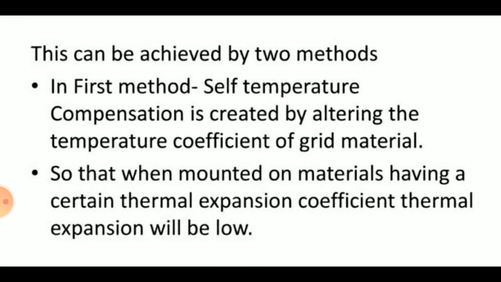There are two types of self compensated gauges available. The first is the selected melt gauge. In this, both wire and foil grade materials may be prepared which show very low apparent strain variation with temperature over a certain range of temperature. The second is the dual element gauge.